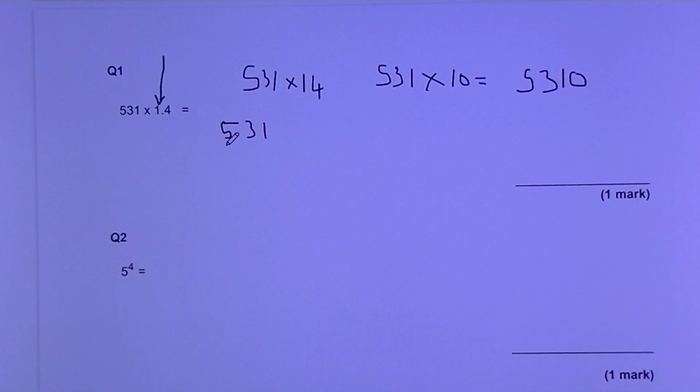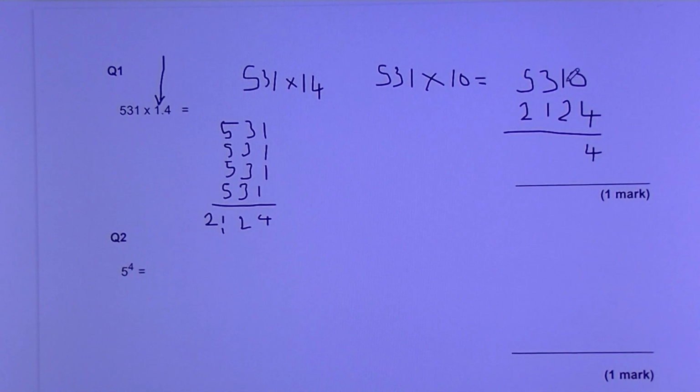531 multiplied by 4 is 2,124. Add those together: 7,434.